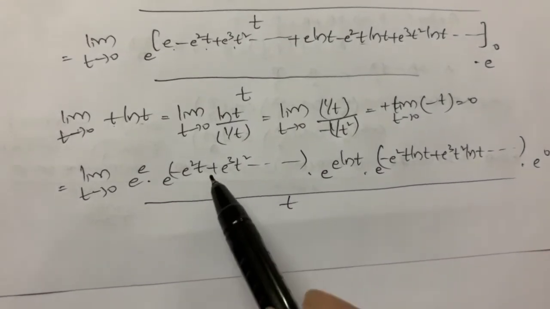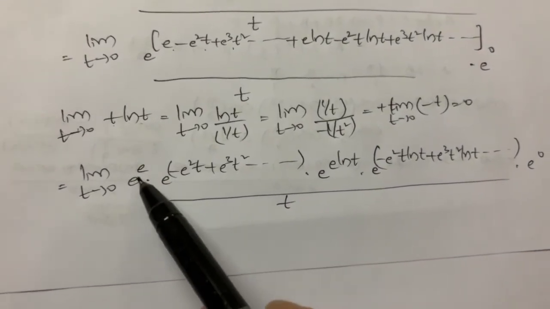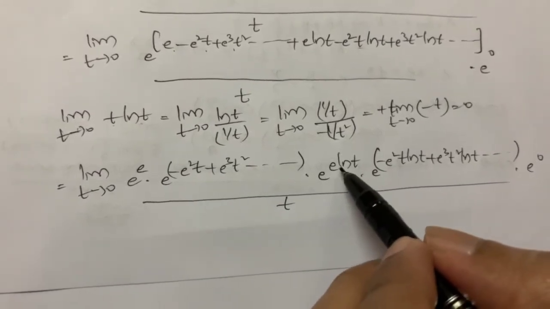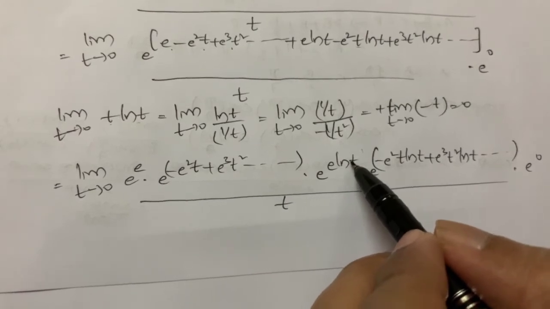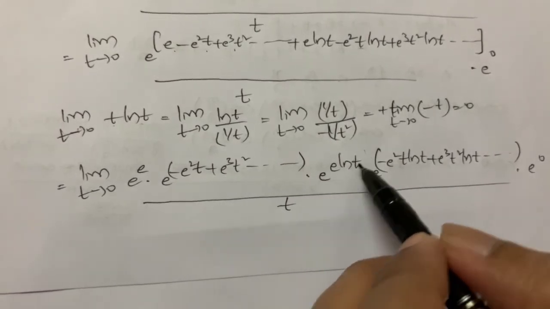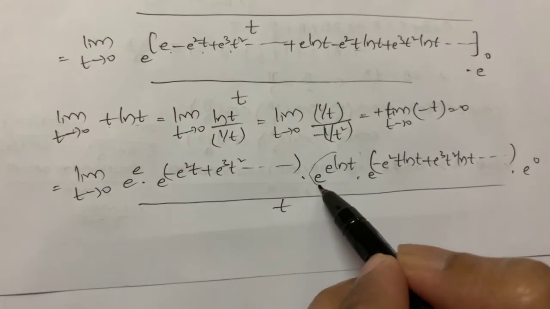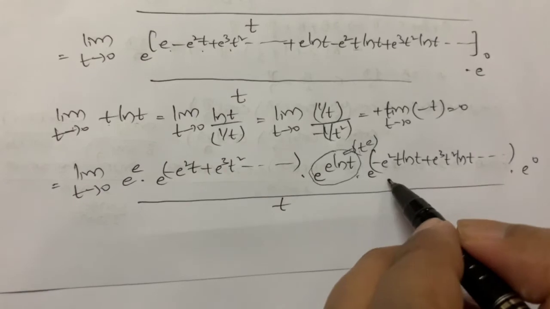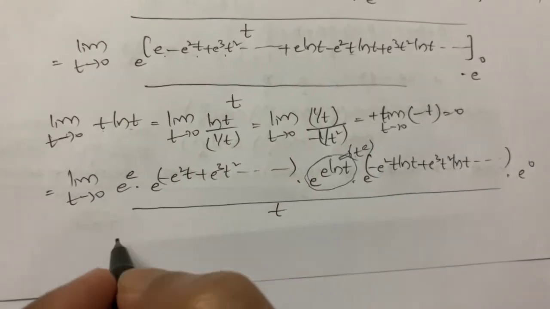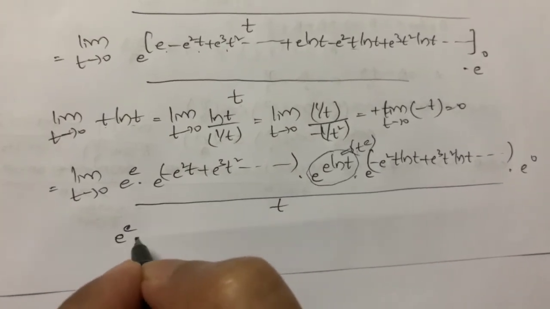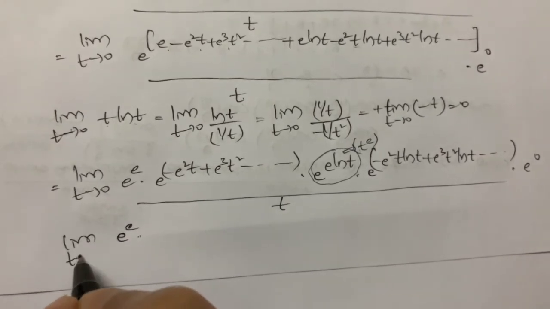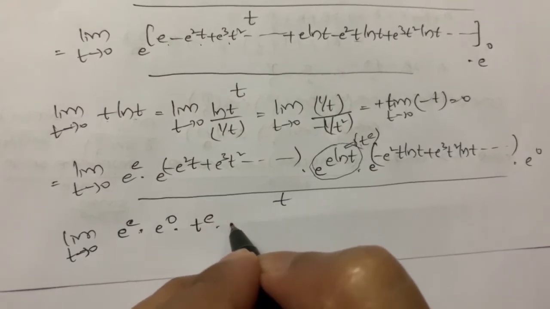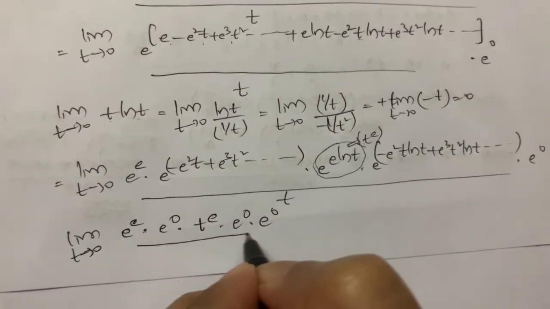So see, this whole term is e power e, this is again e power 0, this is t power e, right? Because by using interchanging property in logarithms, we can say that this whole value will become t power e. Again this whole is e power 0, so what we have is limit t tends to 0, e power e, e power 0, t power e, e power 0, e power 0 by t.